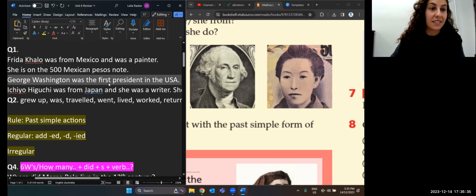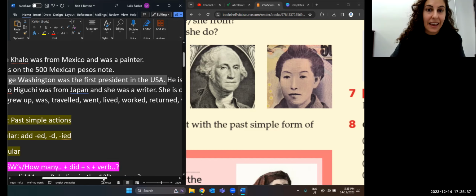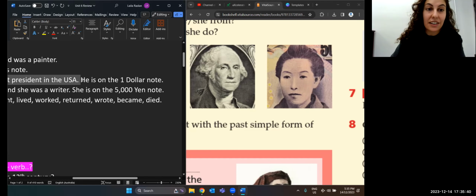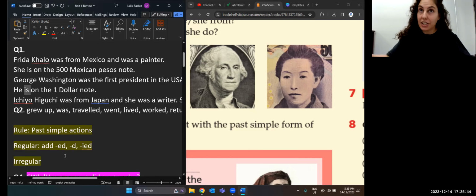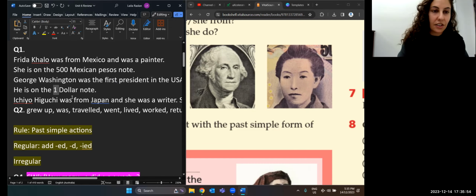And he was the first president. And he is on, now I'm using present simple to say is, because it's still true information right now. So he is on the $1 note, the US $1 note.